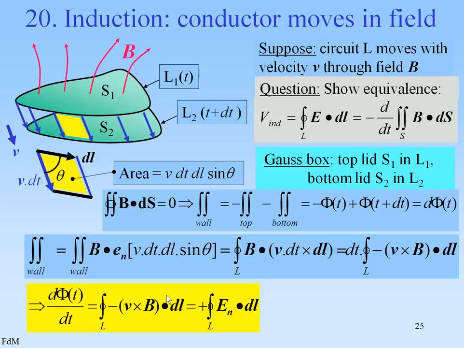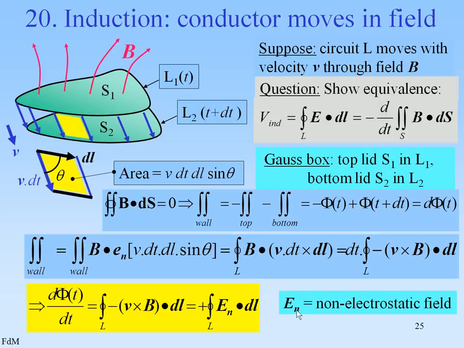And thus you can see that when you divide this d phi by dt, you end up with minus v times B cross product, and that cross product has a scalar product with dl, and since v times B is the electric field strength of the Lorentz force times dl.